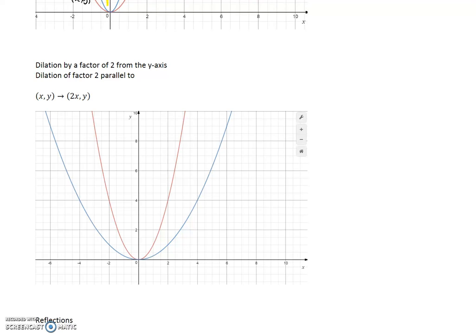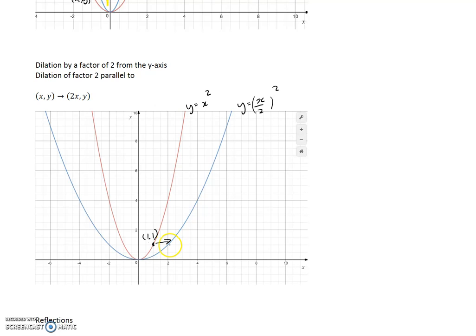So in this case, the red one is y equals x squared, and this one is y equals (x over 2) squared. Alright, and I'm going to see here, this is the point (1, 1). And it's going away from the y-axis. So it's dilation by a factor of something from the y-axis.